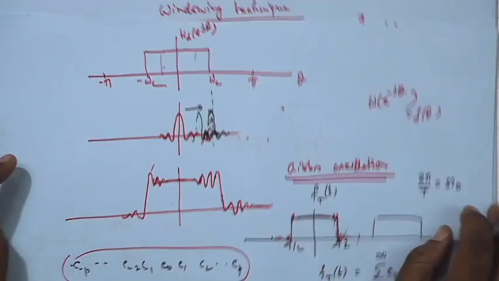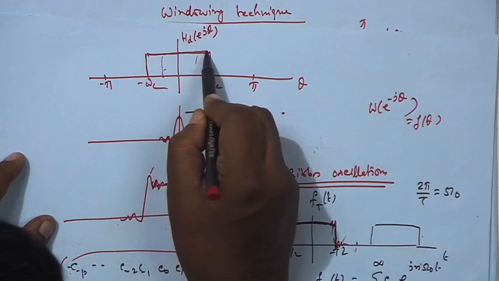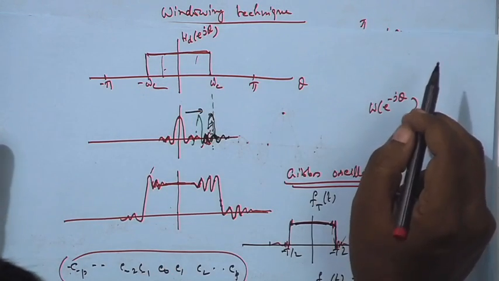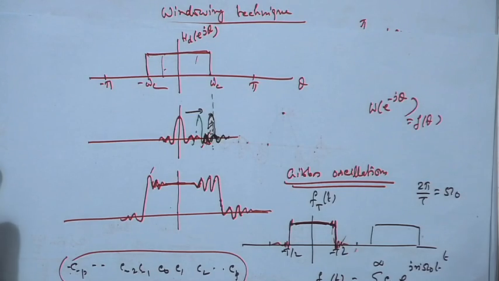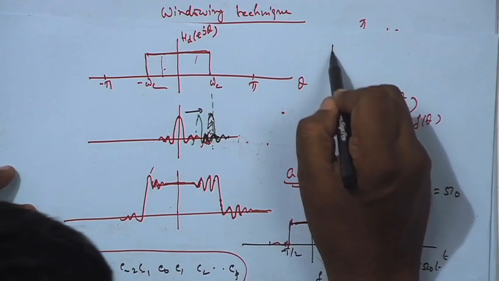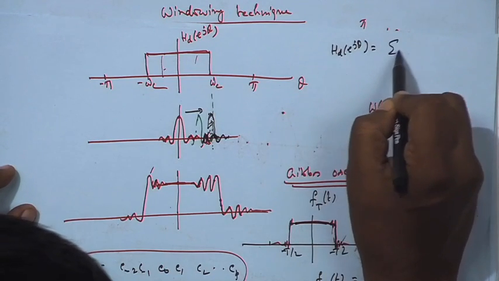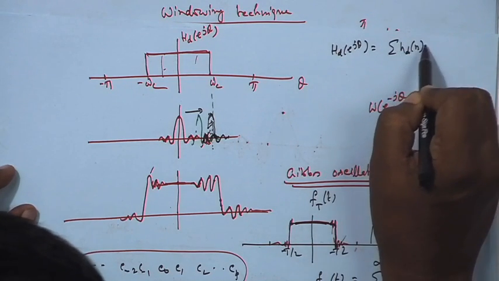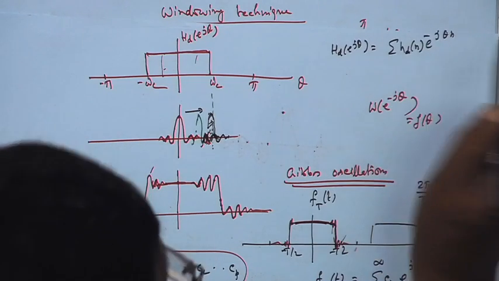Here, what is the connection? Suppose this is the DTFT, the original H d e to the power j theta, which is some sum of H d n e to the power j theta n.